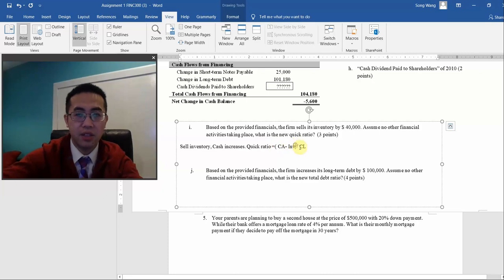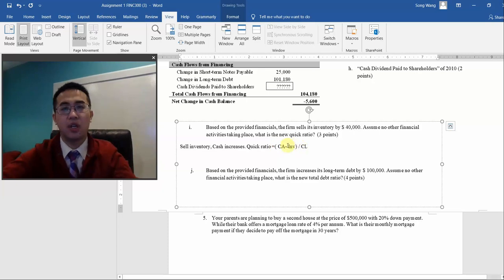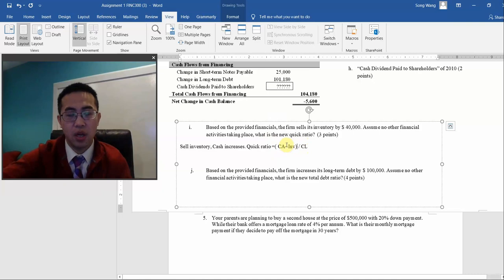So for current assets, you should know that it includes inventory, it includes cash, it includes accounts receivable. So if you sell off inventory, you receive more cash by the same amount. So your total current assets actually does not change. Let me repeat. When you sell inventory and you receive the cash by the same amount, your current assets just does not change. All right, because the deduction of inventory compensates the increase of cash or vice versa.